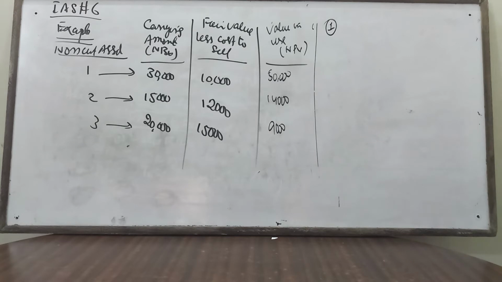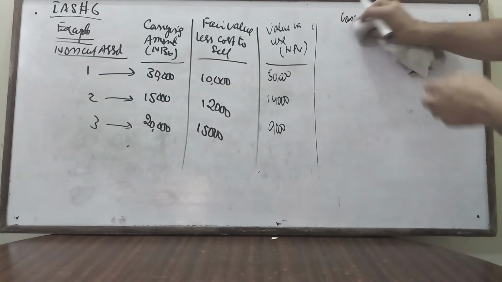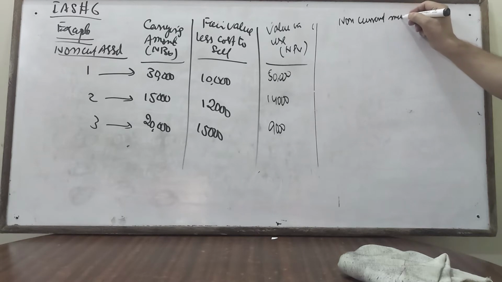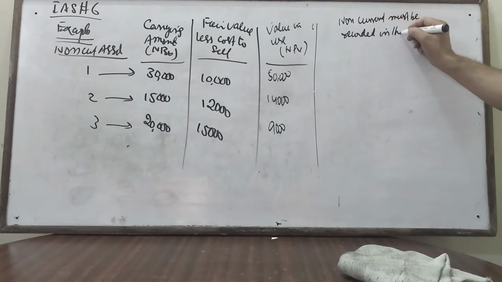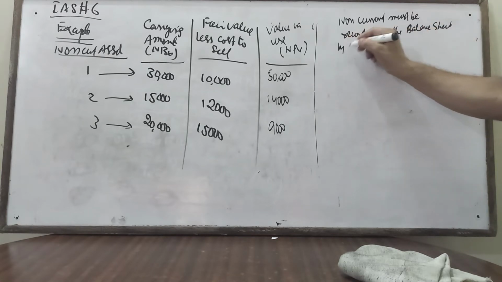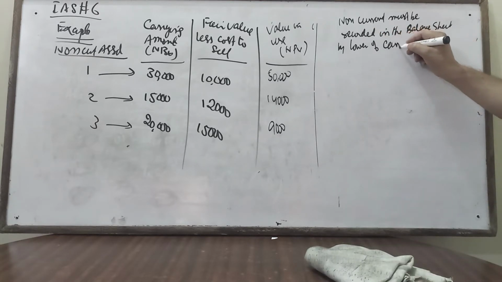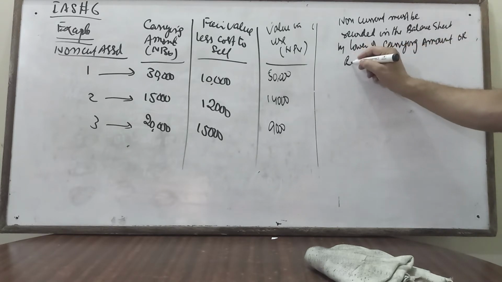As I told you earlier, a non-current asset must be recorded in the balance sheet at the lower of carrying amount or recoverable amount.